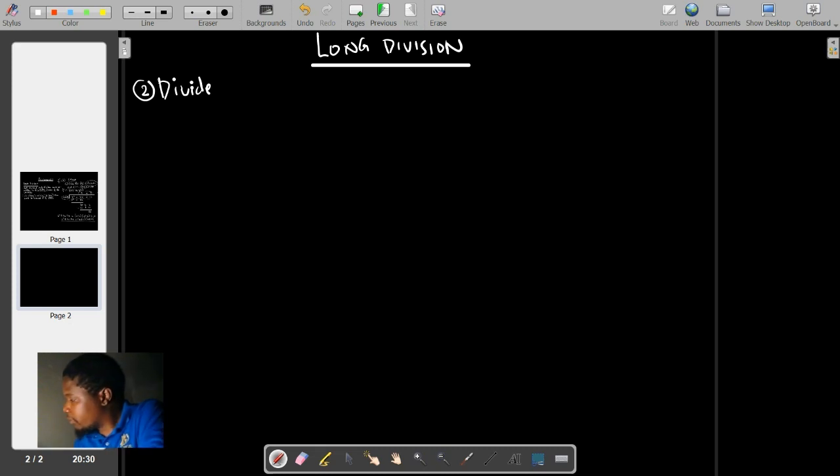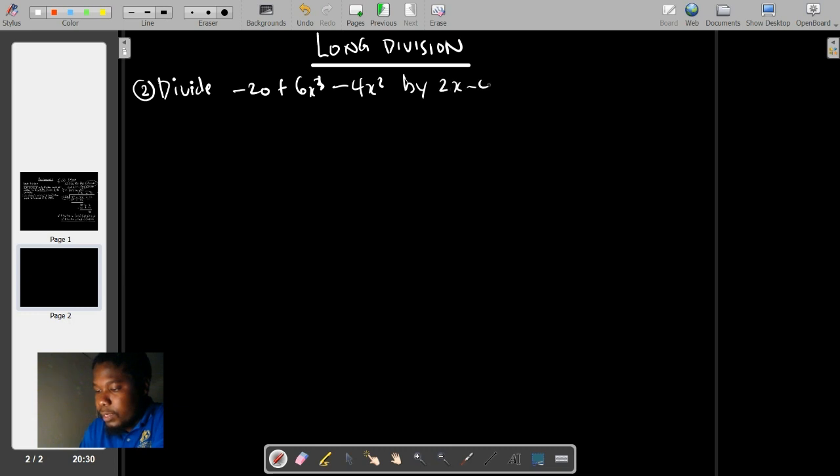Divide negative 20 plus 6x to the power 3 minus 4x squared by 2x minus 4.